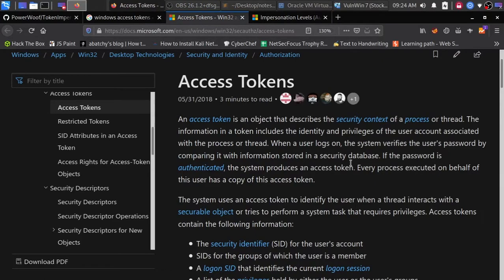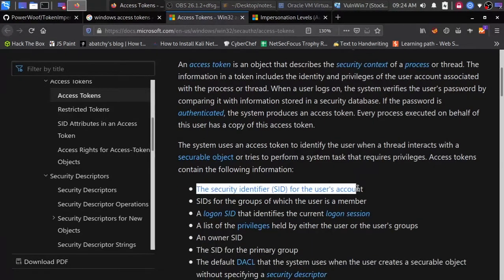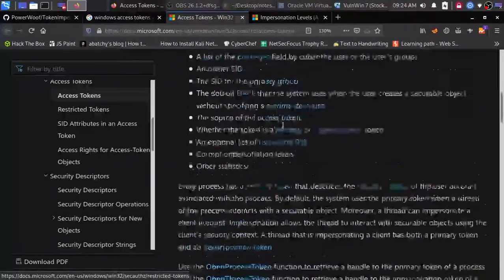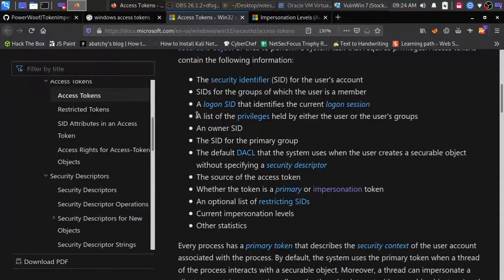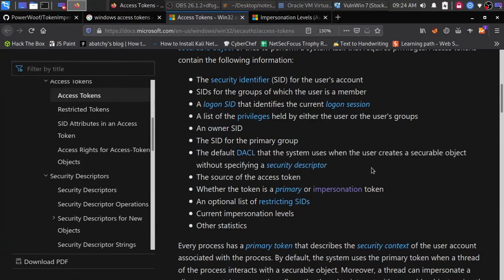The system knows which user is using these tokens because they contain the SID for the user's account. Privileges are something that Windows uses to determine whether you are authorized to do something on the system, and DACLs, or any form of ACLs for that matter, simply describe your rights over any securable object.